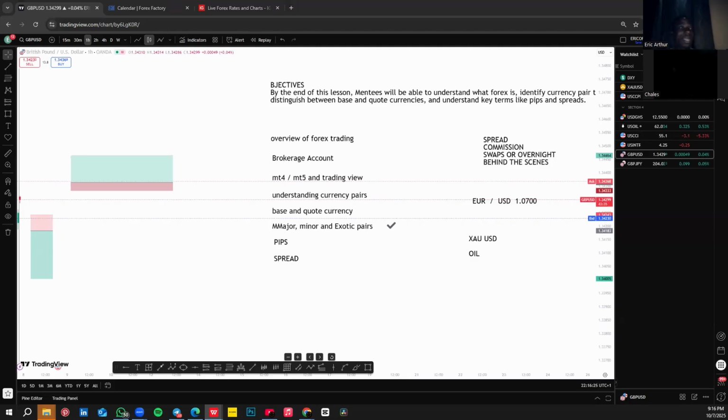So gold is symbolized XAU USD. XAU is the symbol and represents one ounce of gold, so it shows the price of gold.